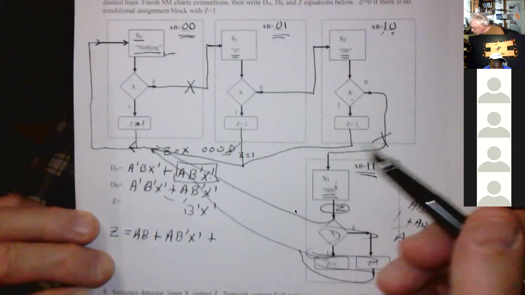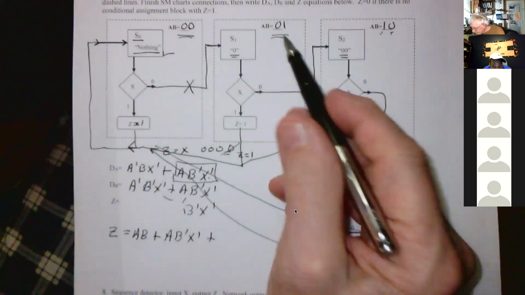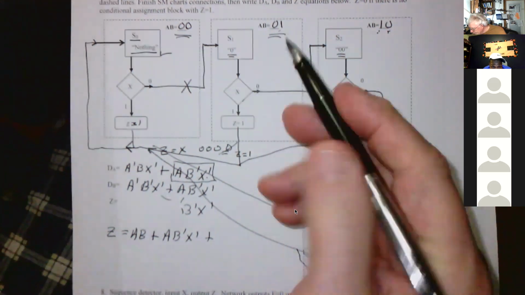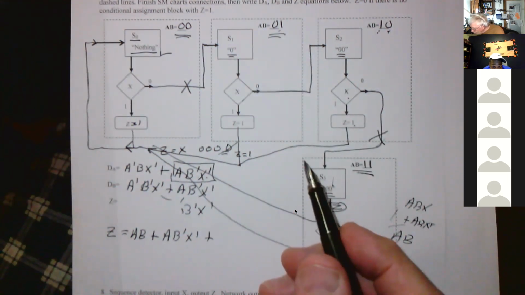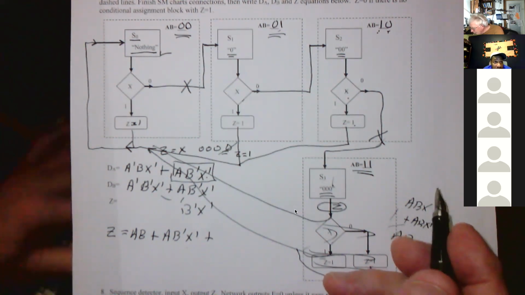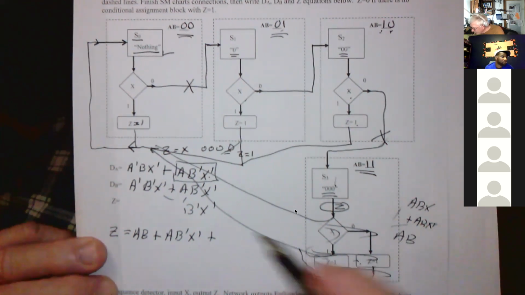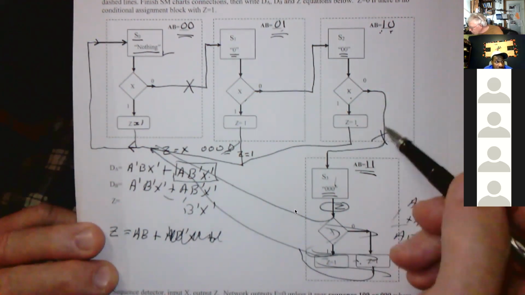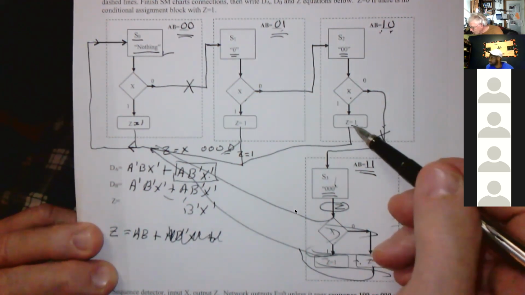Plus, what about this one? That's gonna be A prime B X prime. Oh, sorry. I misled you. This one is correct. This one is screwed up, because there's no Z on this. There's the Z's here.